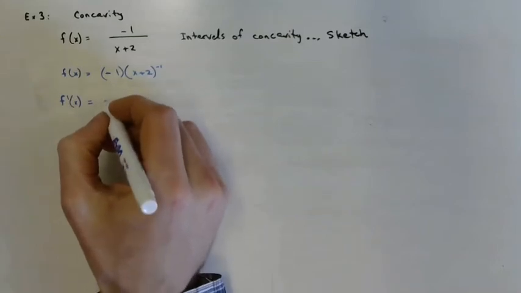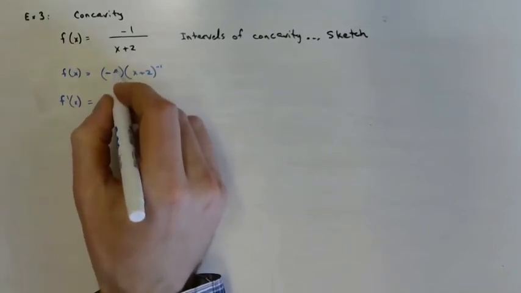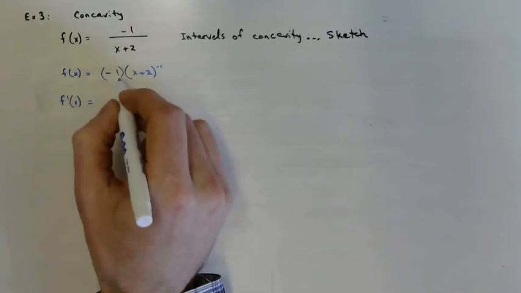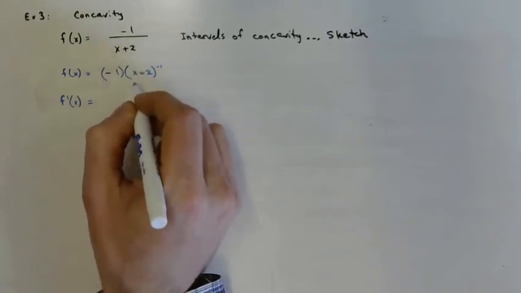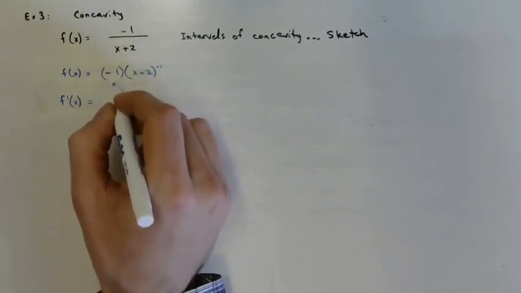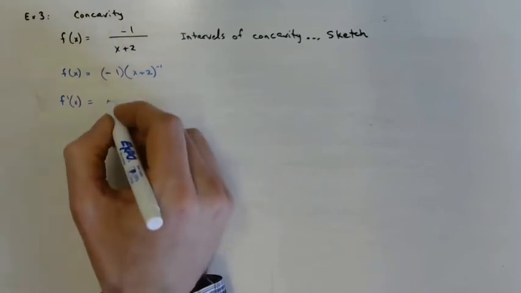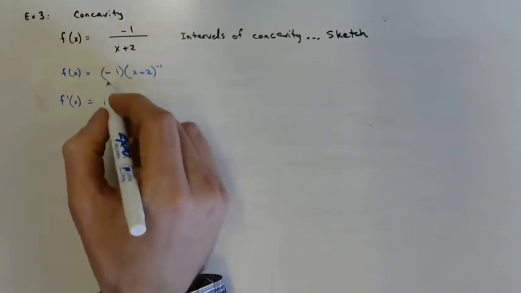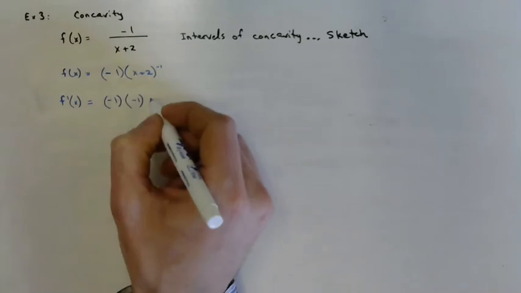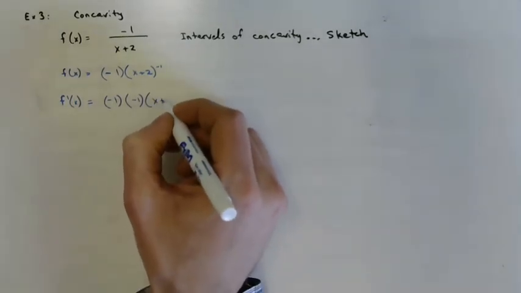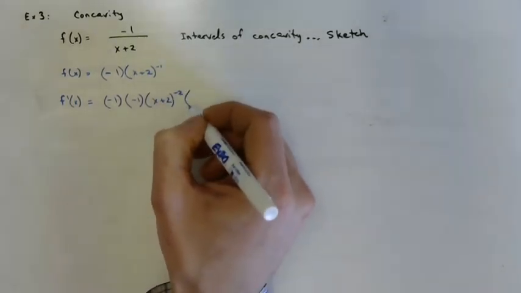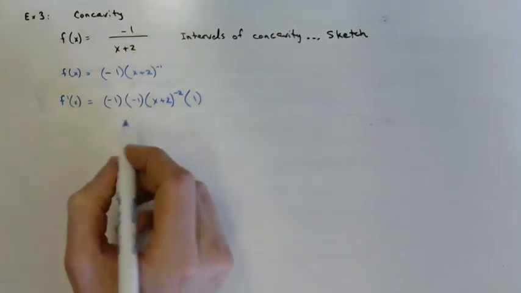So first derivative is the derivative of the first times the second. Well, the derivative of the first is 0, so we can ignore that completely, and we can skip to doing the first times the derivative of the second, which is chain rule, derivative of the outer with respect to the inner times the derivative of the inner.